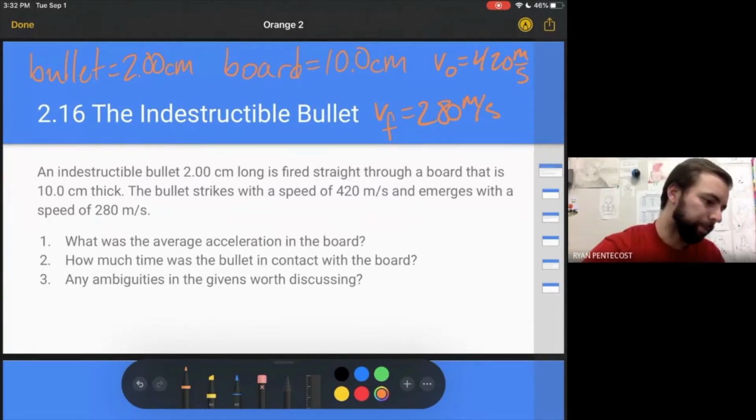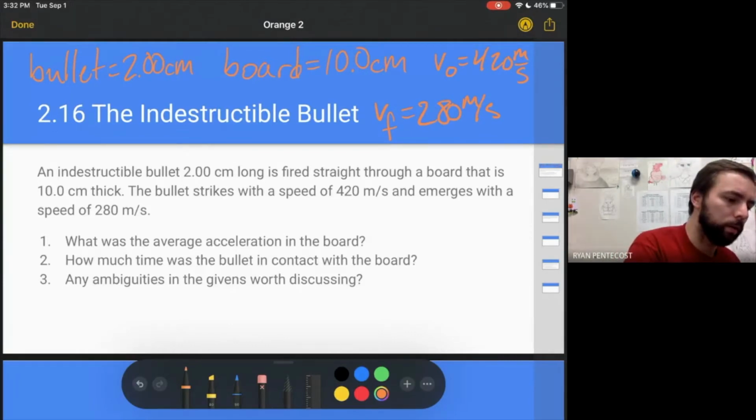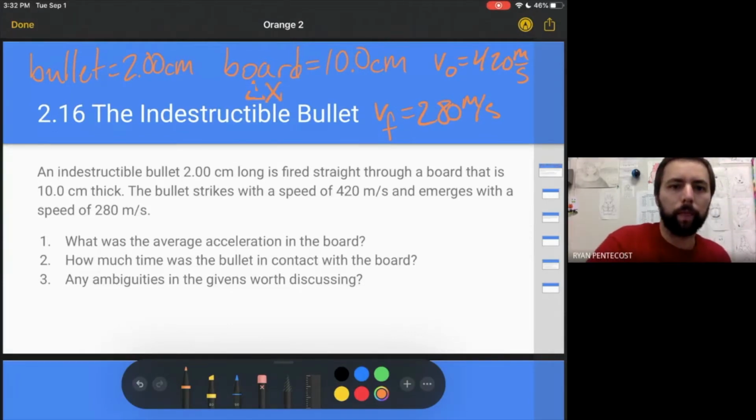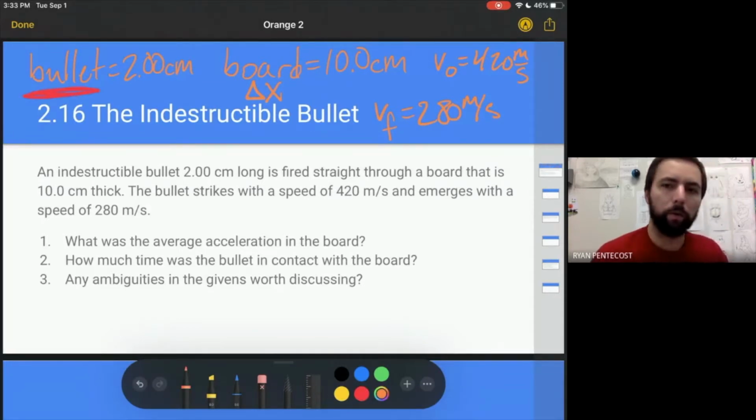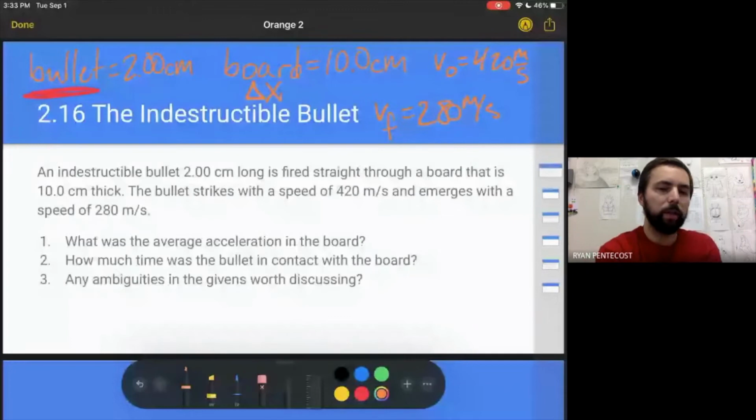First, it's talking about acceleration as it travels through the board, so we can call the board's thickness delta x. It's going to be important that we keep all of those givens straight, because right now we don't have a use for the bullet's length. But that's going to come back up on number 3.